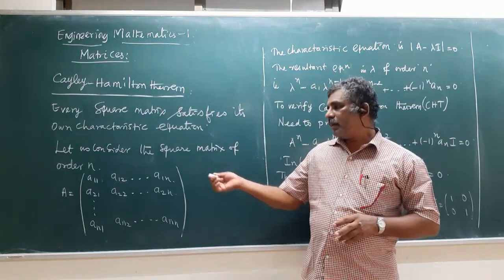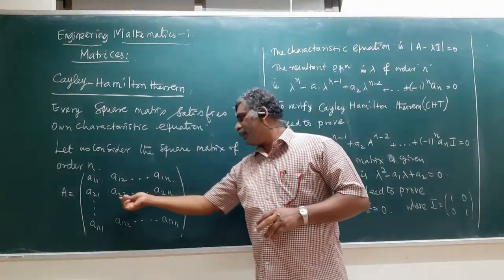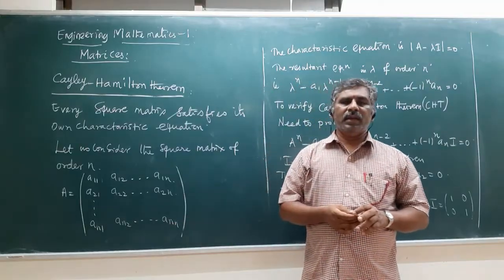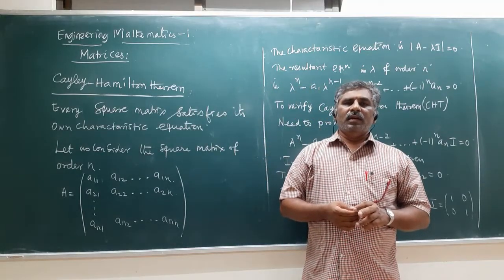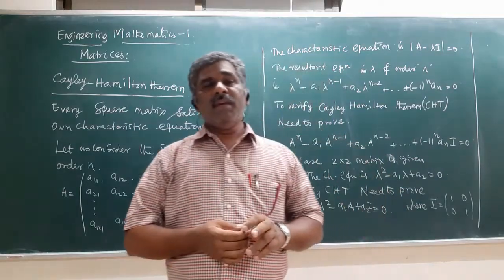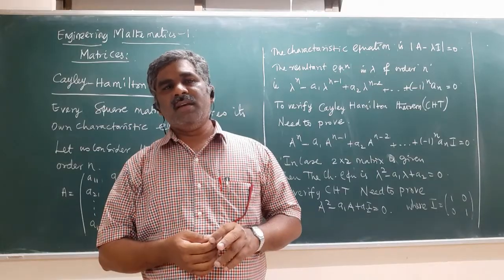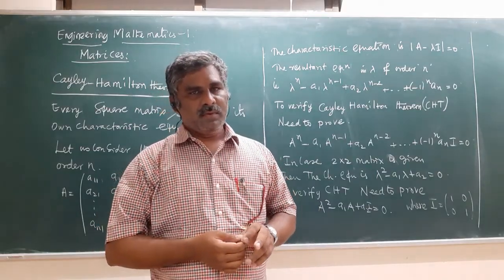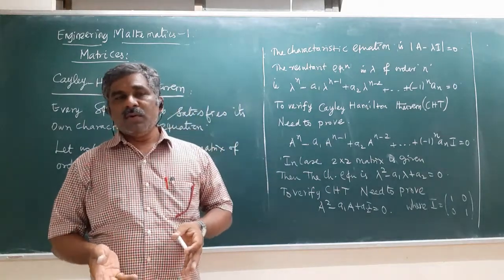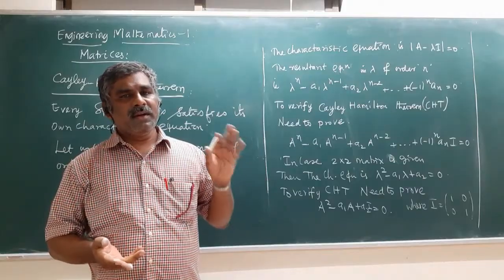Then A equals A11, A12, ..., A1n, A21, A22, ..., A2n, ..., An1, An2, ..., Ann. So what is the characteristic equation? The general formula: determinant of A minus lambda I equal to 0. When you apply this, you will get an nth order equation in lambda.